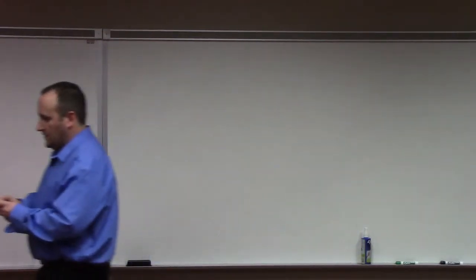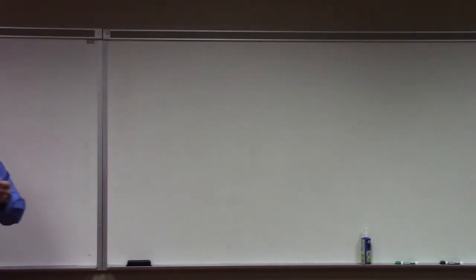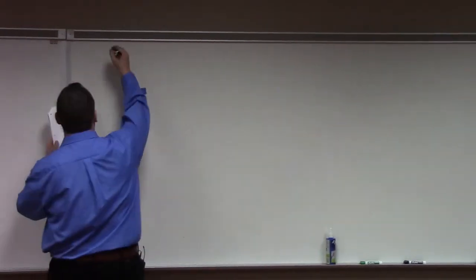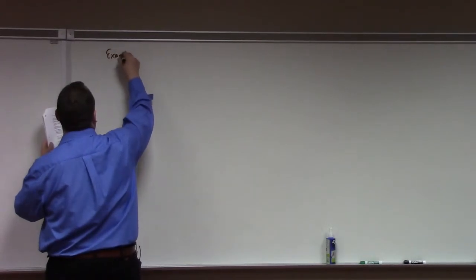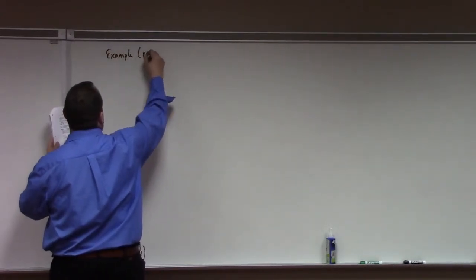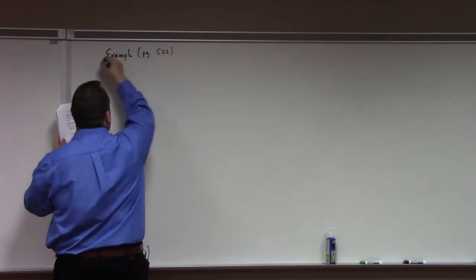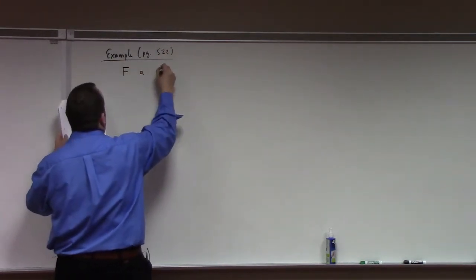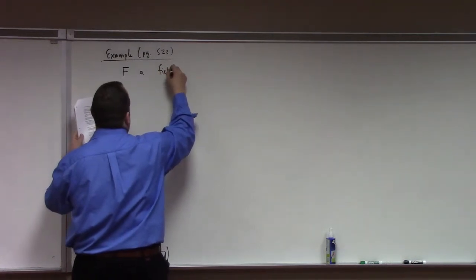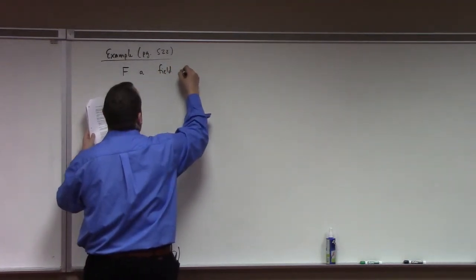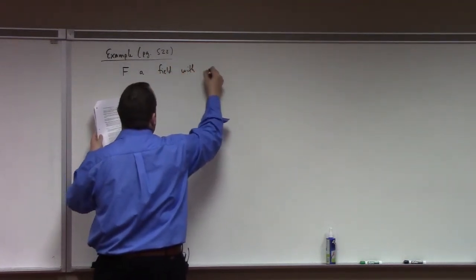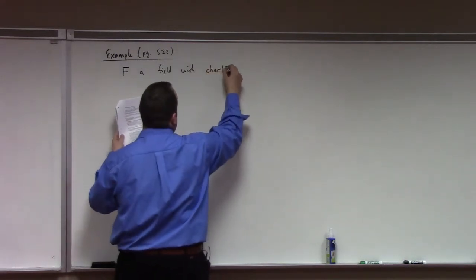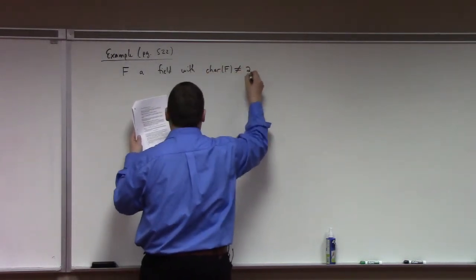Okay, so let me begin with the example from page 522. Here it is: F, a field with characteristic not equal to 2. All right.